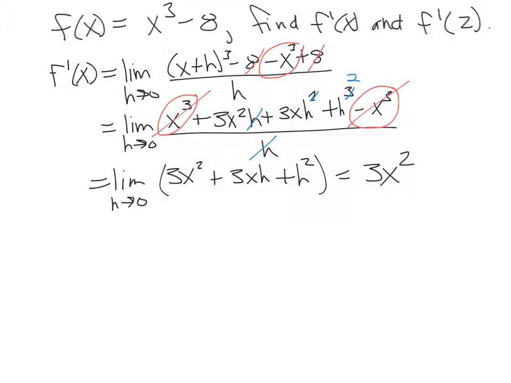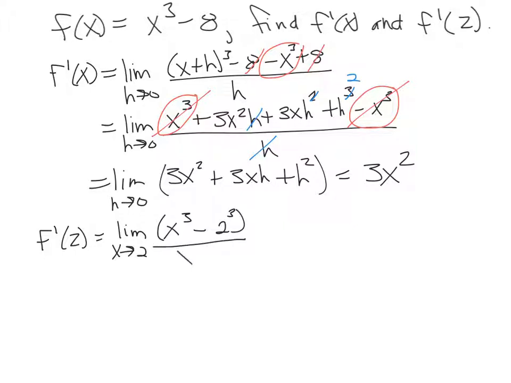So, now let's find f prime of 2 using our second definition. So f prime of 2 will be the limit as x approaches 2 of x cubed minus 2 cubed over x subtract 2. Now we'll go in here and we'll factor.